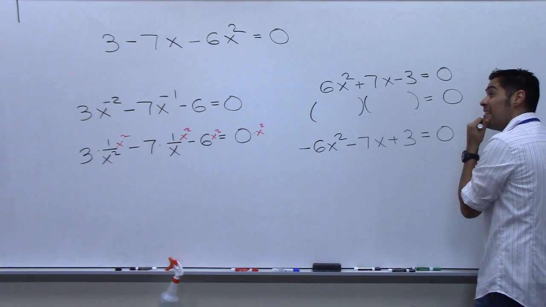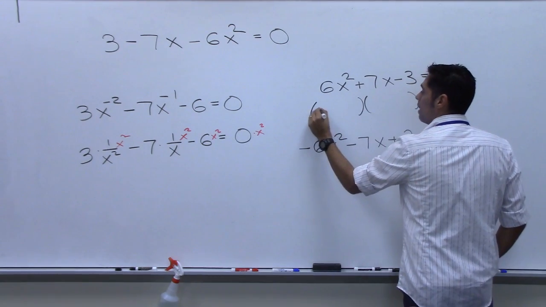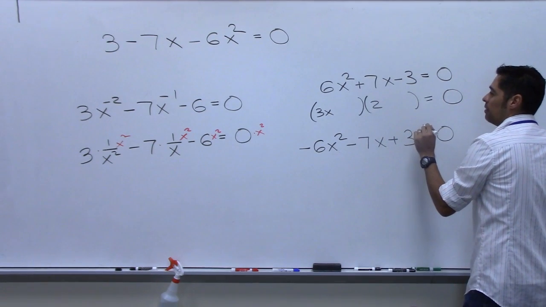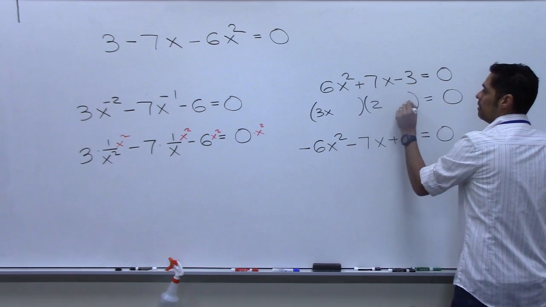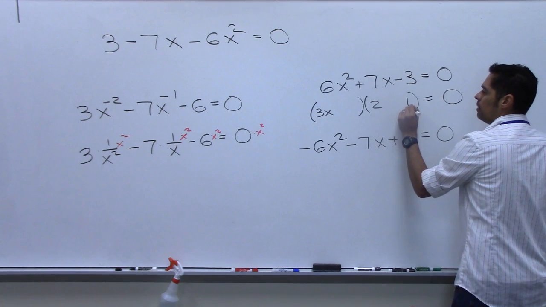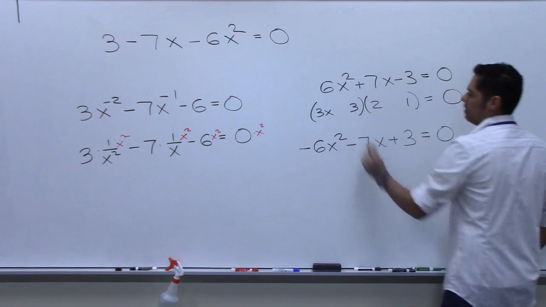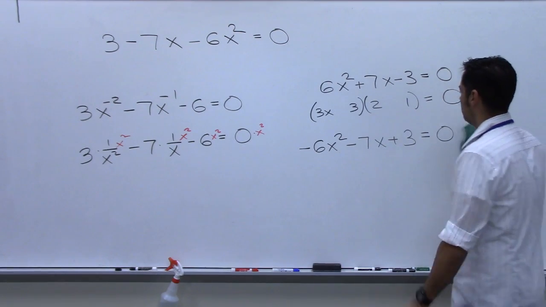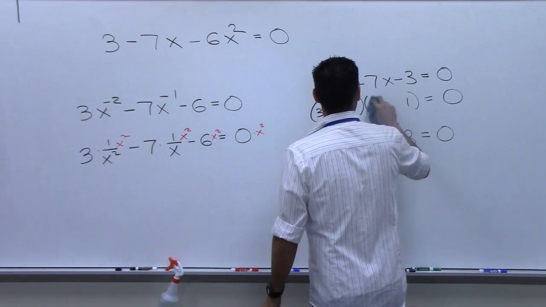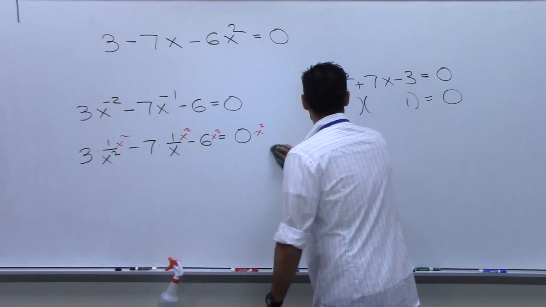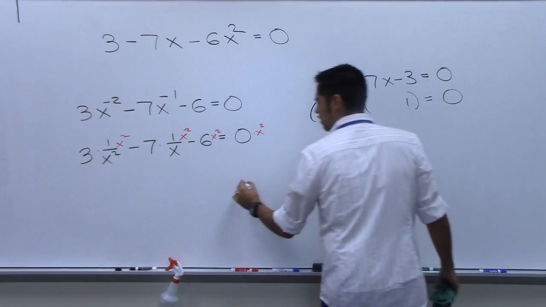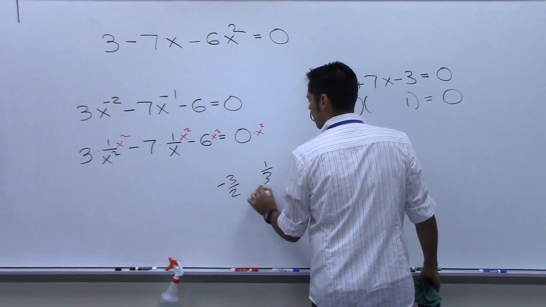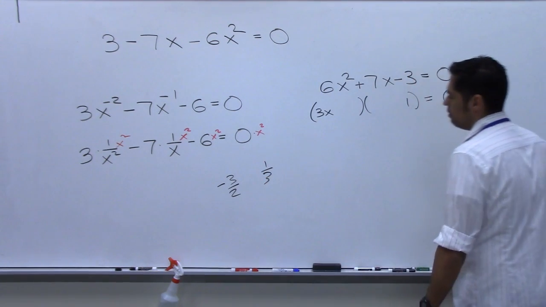My guess is going to be something like 3x, 2, I don't know. Is that right? No, hold on. What were my two answers? It was negative 3 halves and 1/3.